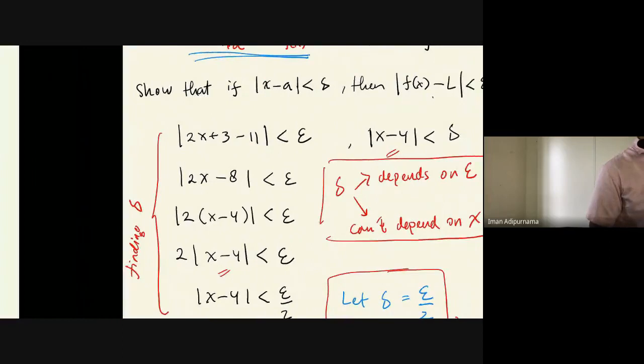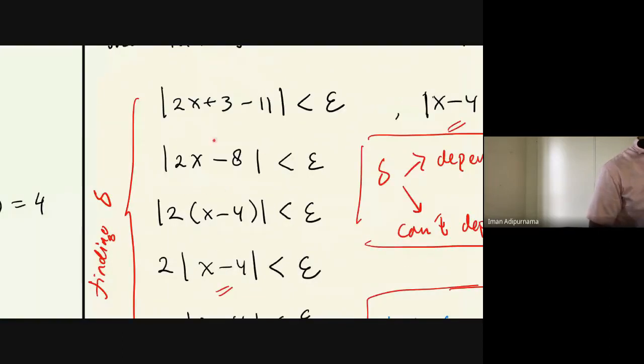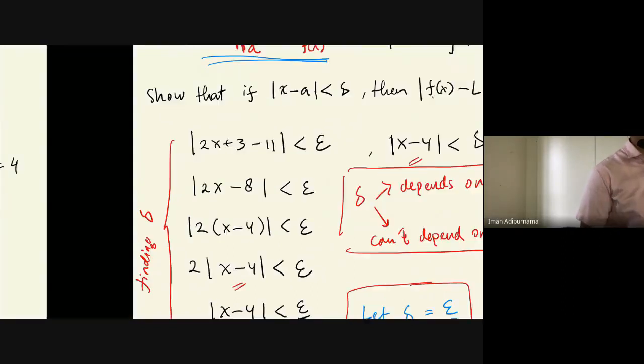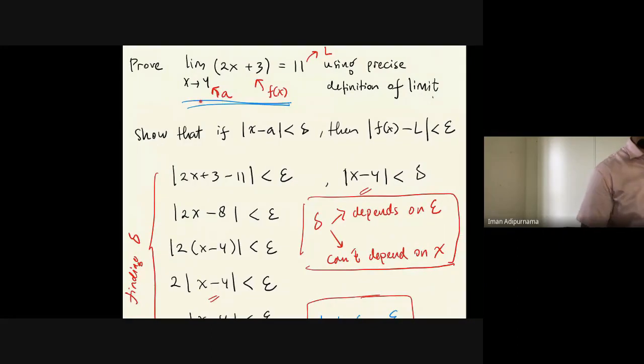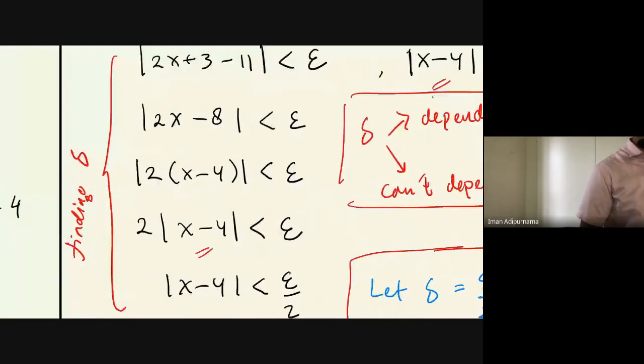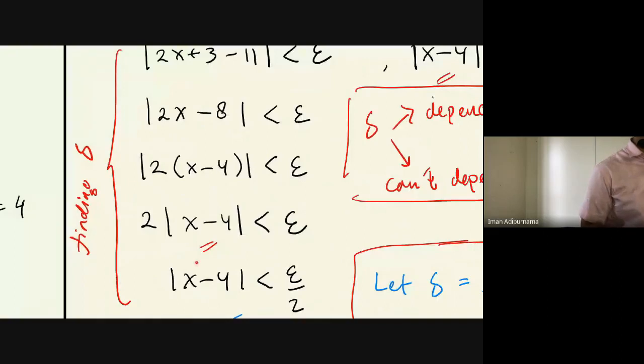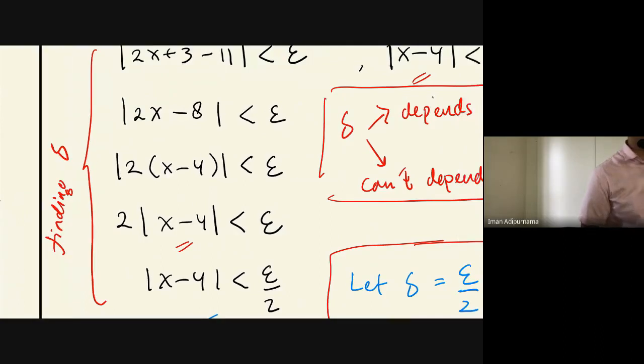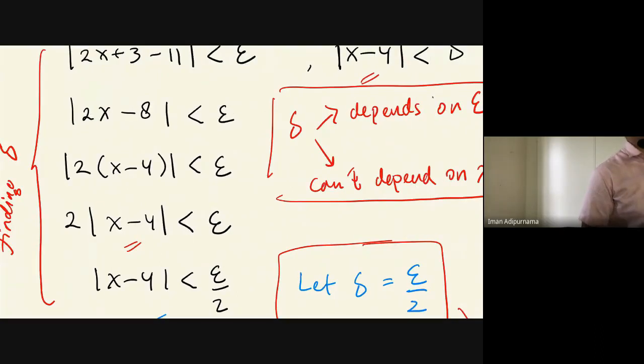We see that actually it has 2x minus 8, and we can factorize. It has similarity, x minus 4, with our distance here, right? So we can say that our x minus 4, or the distance, is epsilon over 2, which means we can use this epsilon over 2 as our delta.